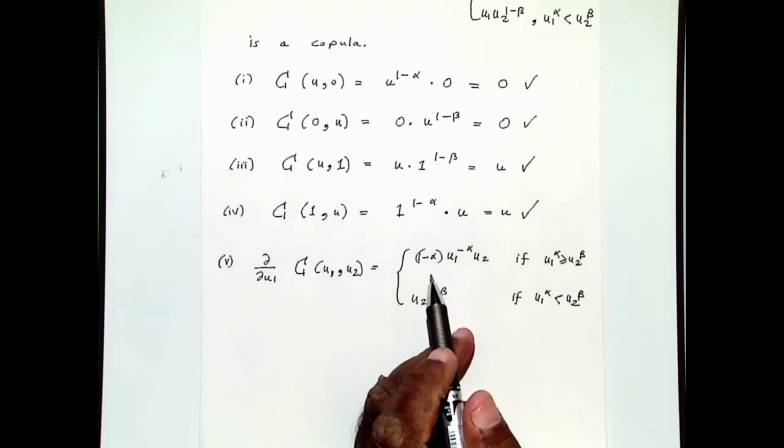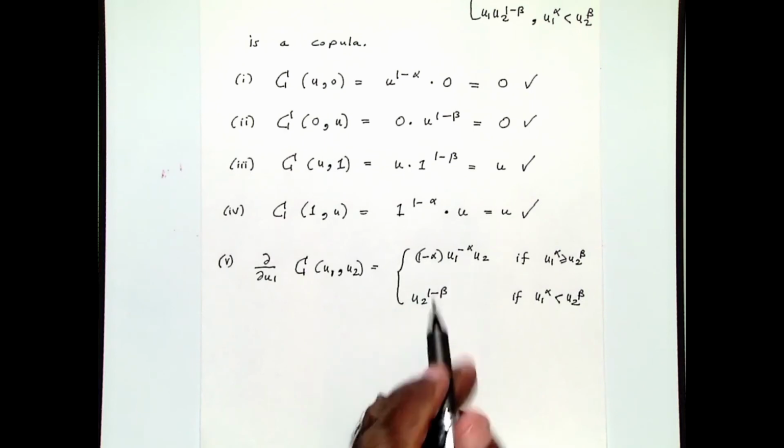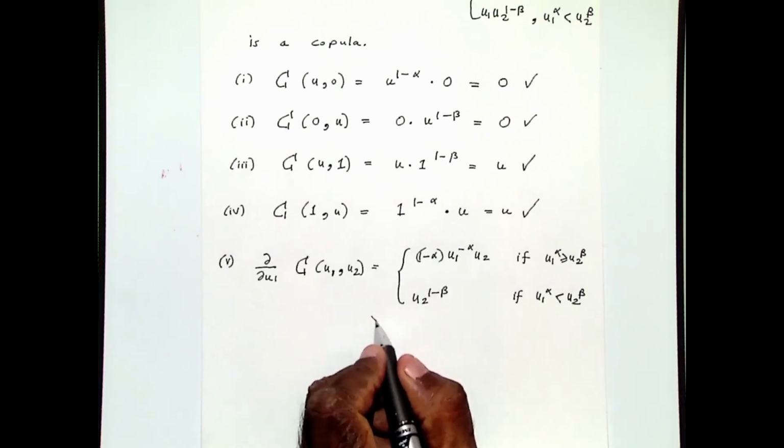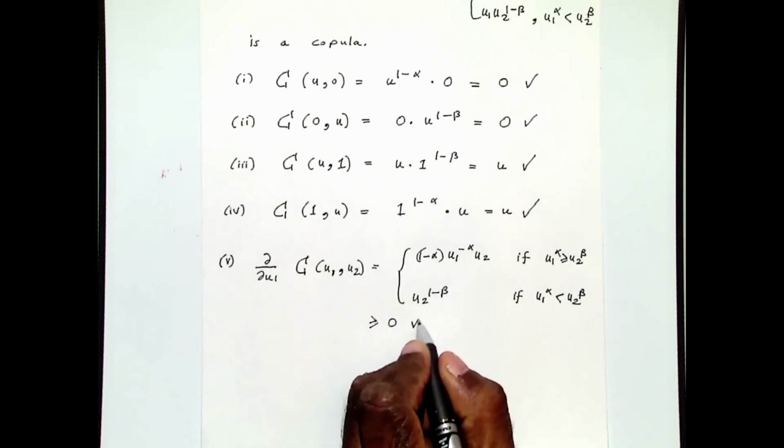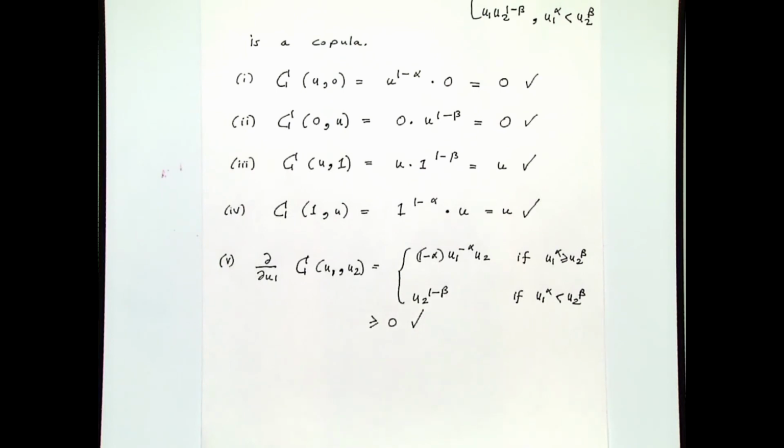And clearly, because alpha is a number between 0 and 1, these two are non-negative. So condition 5 is satisfied.